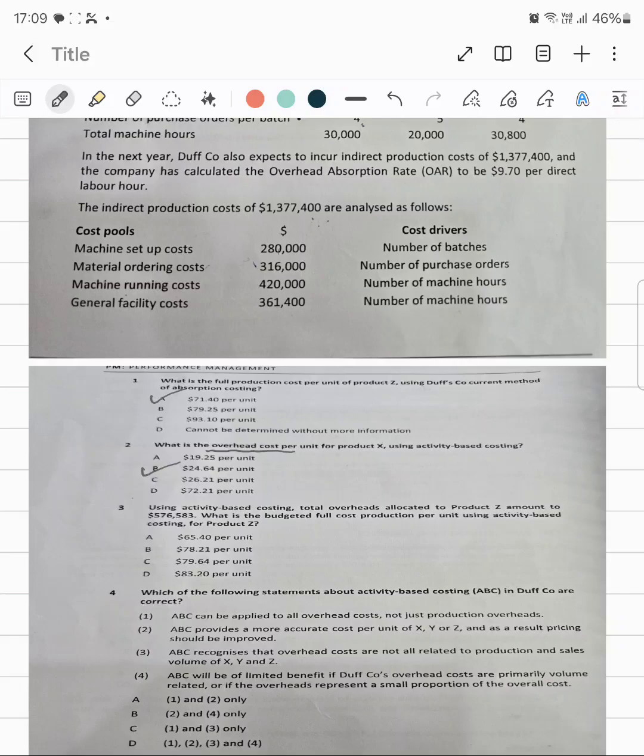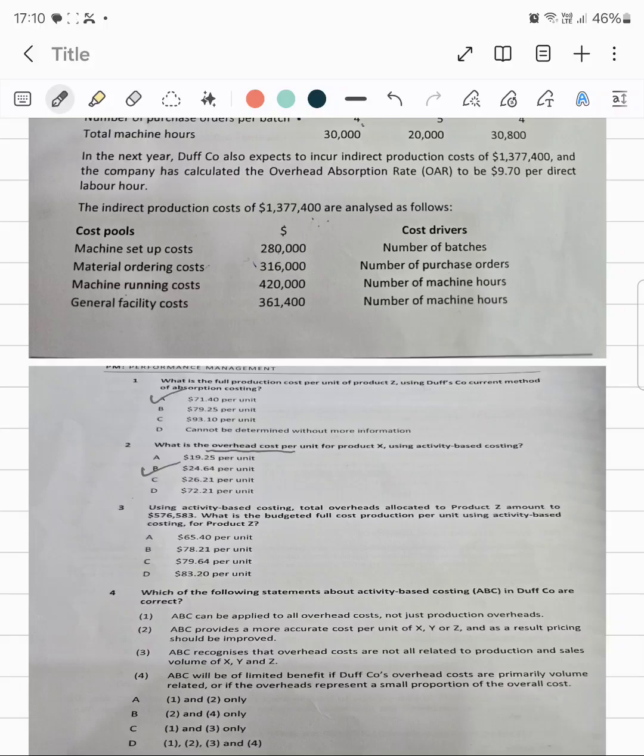Then it is asking us, using activity based costing, total overheads allocated to the product X amounts to this much. What is the budgeted full cost of production per unit for product X, based on the activity based costing?